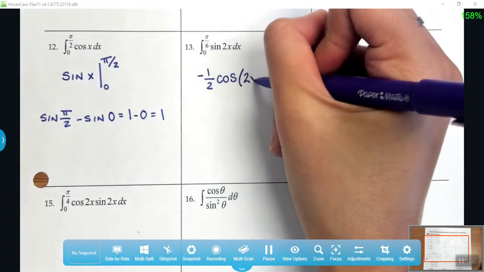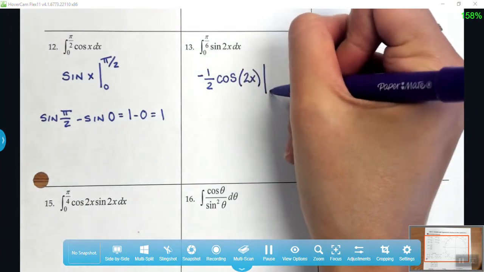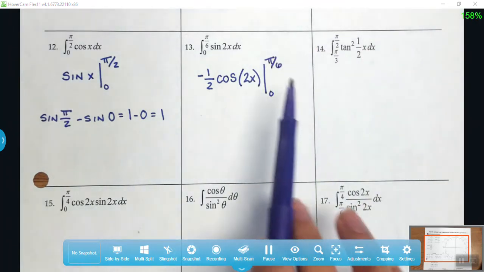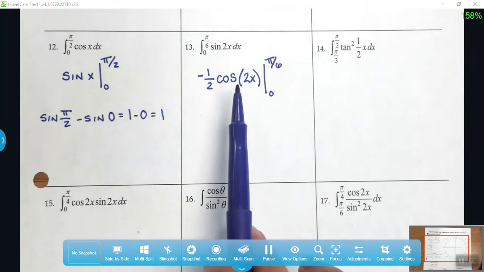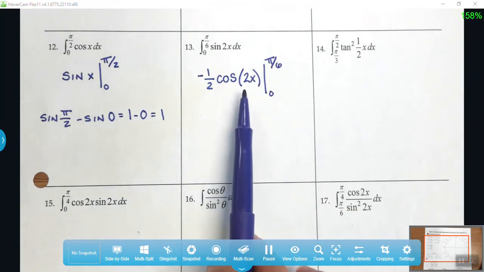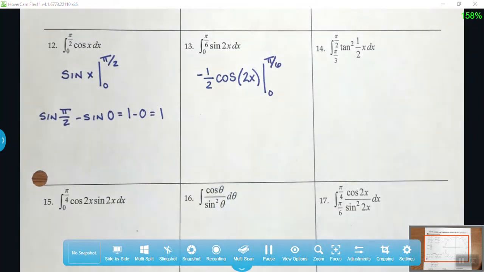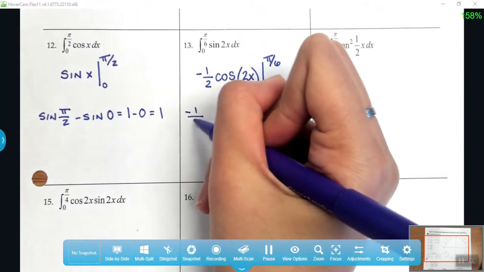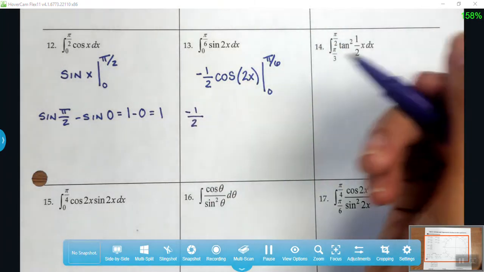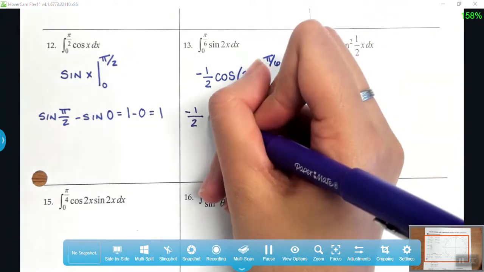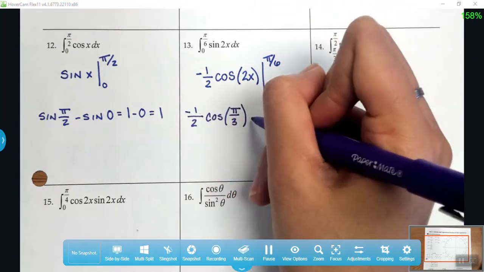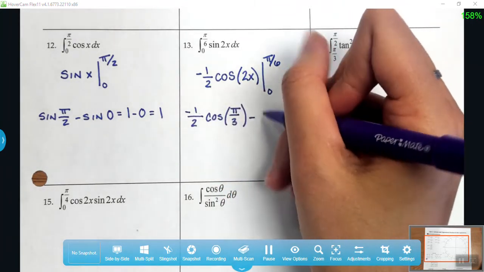Then we can go back to 2x and then go from 0 to pi over 6. But you can only keep the same bounds if you don't write your equation in terms of u. So you just do the u sub in your head.